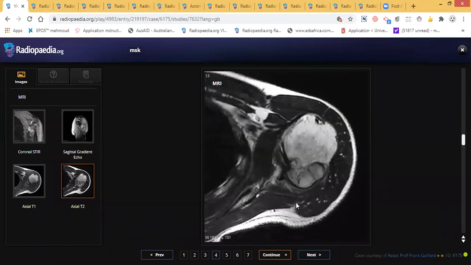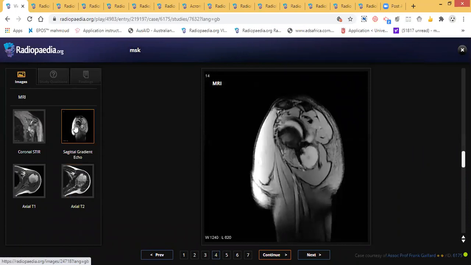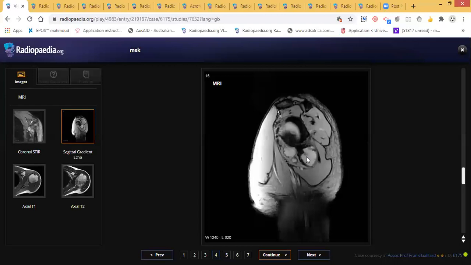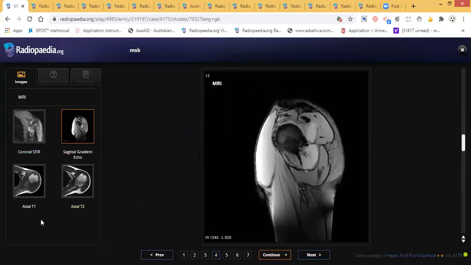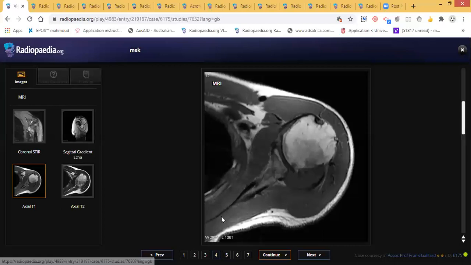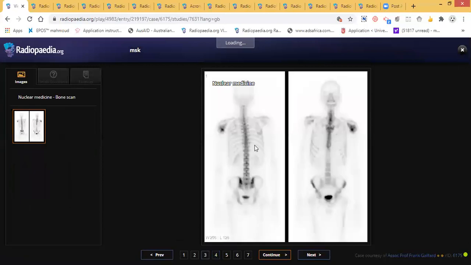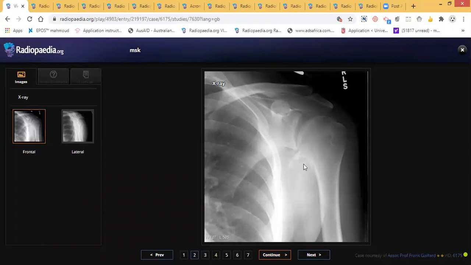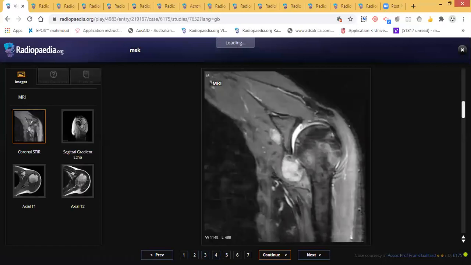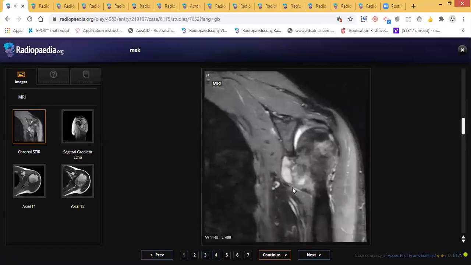So this is what is called malignant transformation of previous osteochondroma. If this patient, for example, has a previous X-ray, you will check it, and you will find that he had osteochondroma, but after that it had malignant transformation. Then in MRI, there will be a very good question, for example in an MCQ, about the cartilaginous cap.